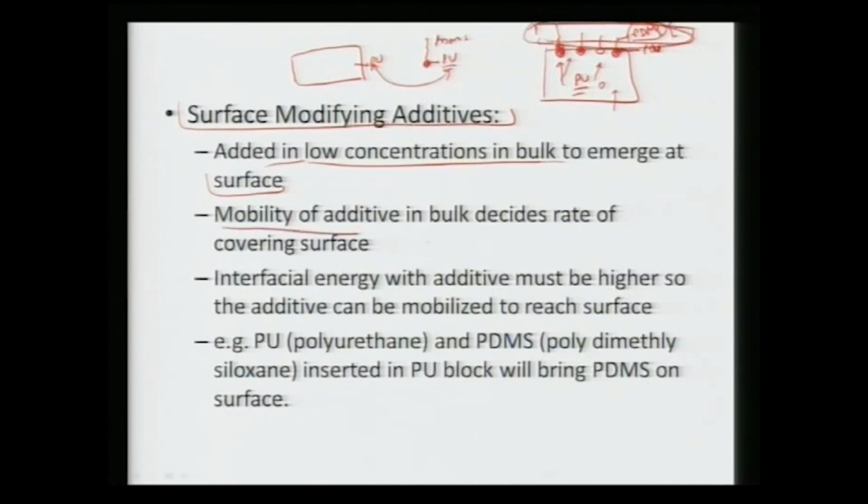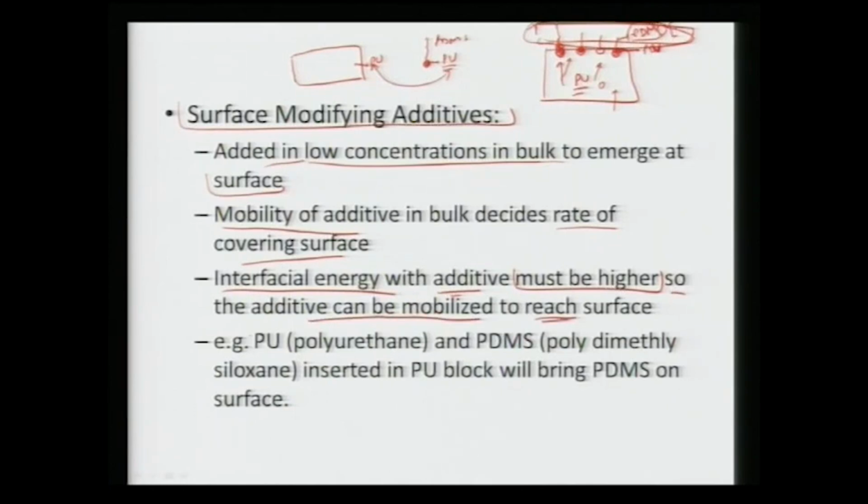The mobility of the additive in the bulk is decided by the overall rate of covering the surface and also the interfacial energy which is predominant between the polyurethane and the PDMS and the outside environment. And again, the interfacial energy with the additive must be higher. If it is not higher, then it will basically remain in the bulk and it will not come to the surface, so that the additive can be mobilized to reach the surface.